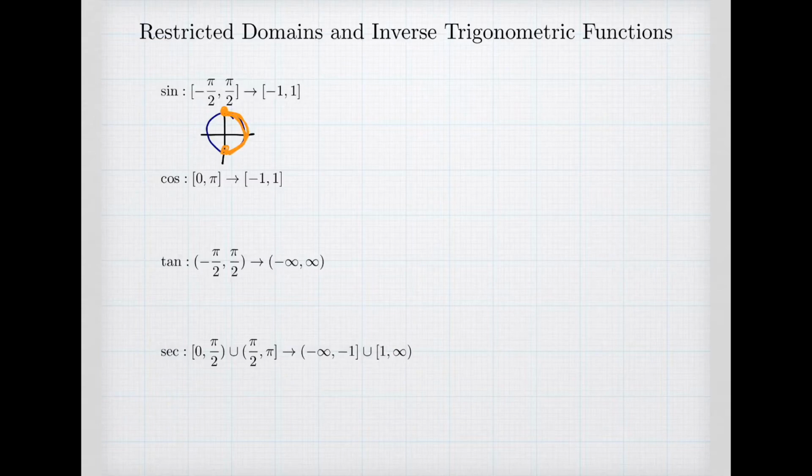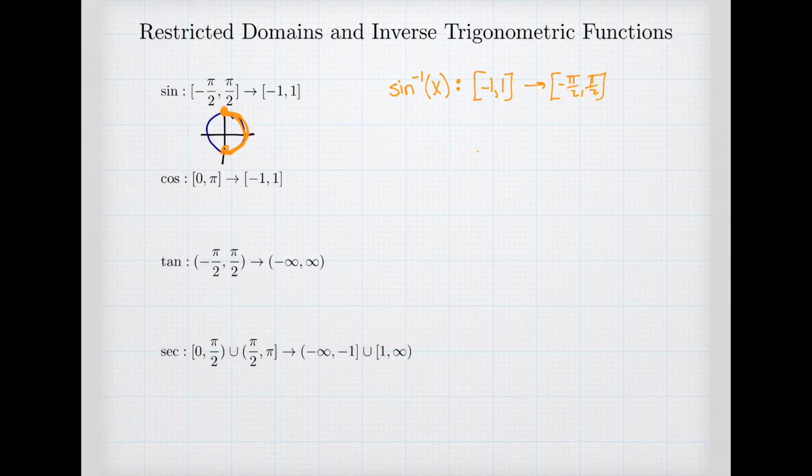So the domain is from minus pi over 2 to pi over 2, but the range goes from minus 1 to plus 1. The inverse sine is the function that goes in the reverse direction. So the inverse sine takes a value from minus 1 to 1 and gives you back a value between minus pi over 2 and pi over 2.